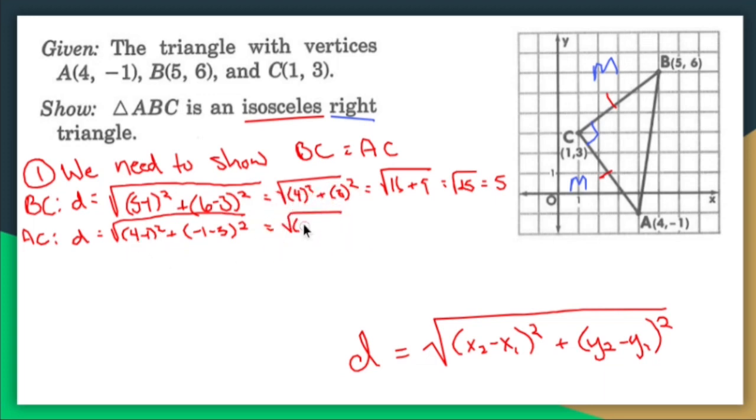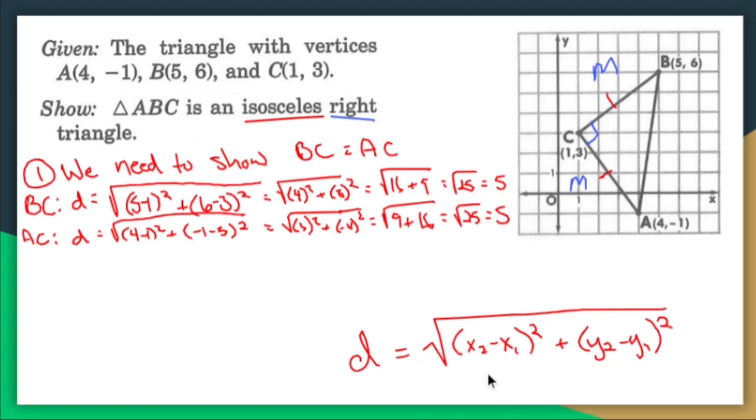That's going to equal 3 squared plus negative 4 squared. 3 squared is 9. Negative 4 in parentheses squared is 16. Looking familiar? That's going to equal 25 in the square root, and the square root of 25 is 5.